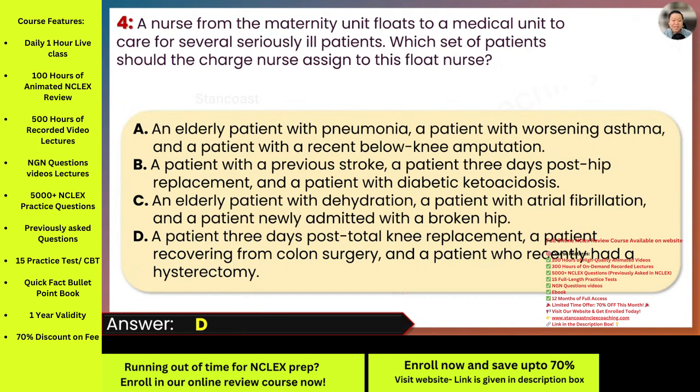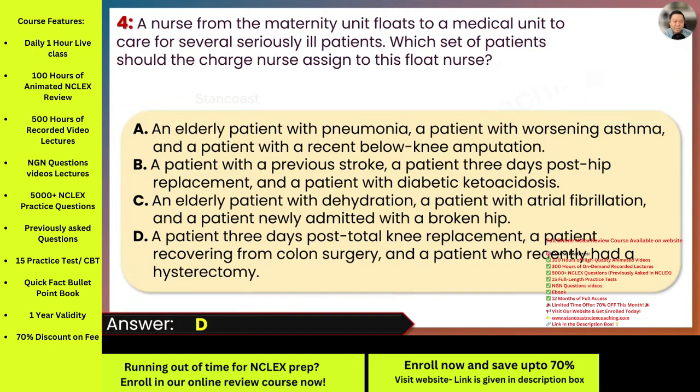And the amputation patient needs specialized wound care and mobility support that a maternity nurse may not be familiar with. And so the patients in option A with their conditions can worsen suddenly. These patients can require rapid interventions, and so making this assignment inappropriate for this float nurse.